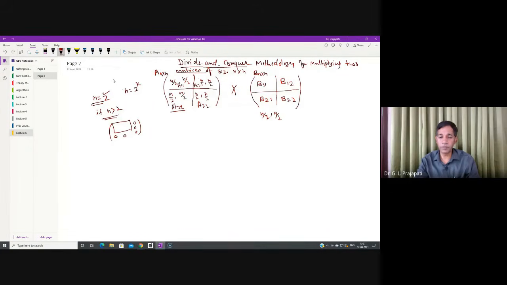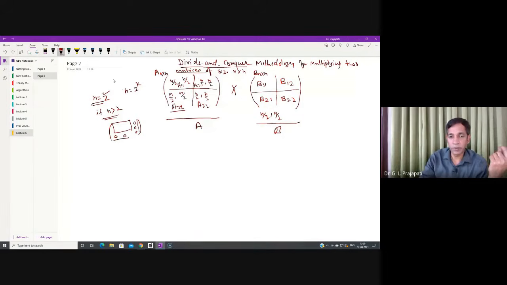If the dimension is a power of 2, then every time you can divide. Once you have divided into subproblems, you will have 4 matrices of size n by 2 here, and here also you have 4 matrices.